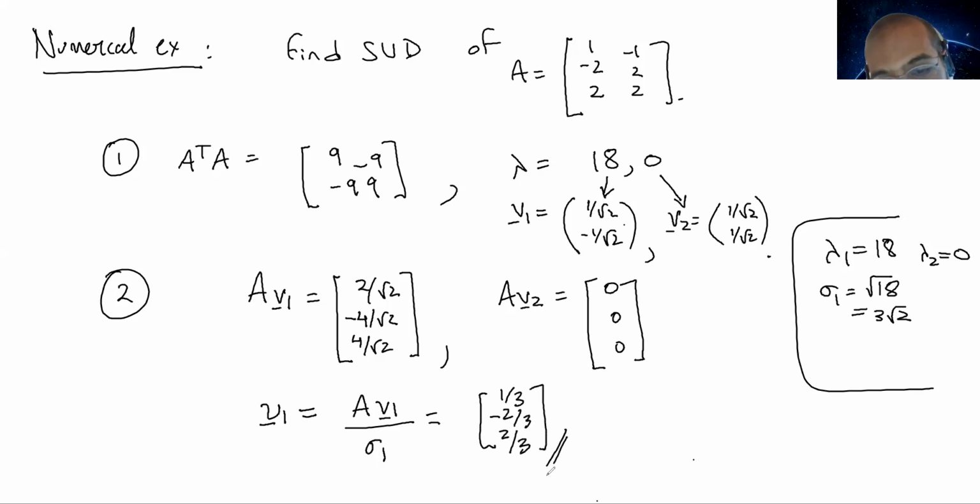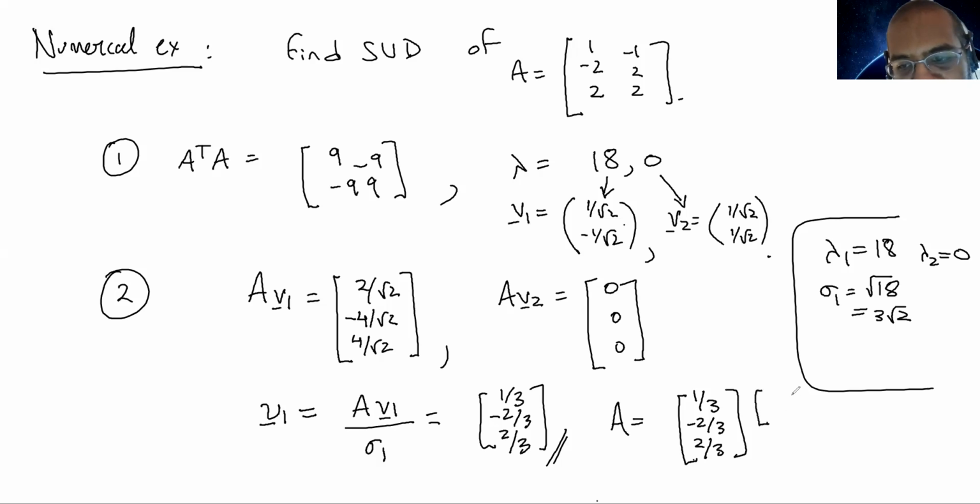Okay. So what's this SVD that I get? I get that A is equal to U, so this matrix, sigma. So sigma is just a 1 by 1 matrix containing 3 root 2.